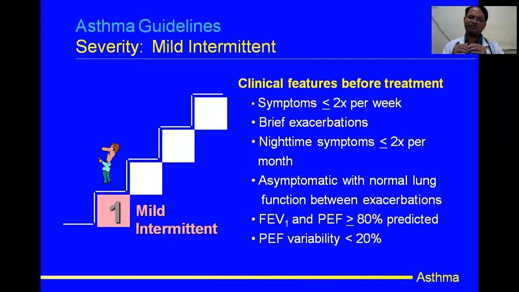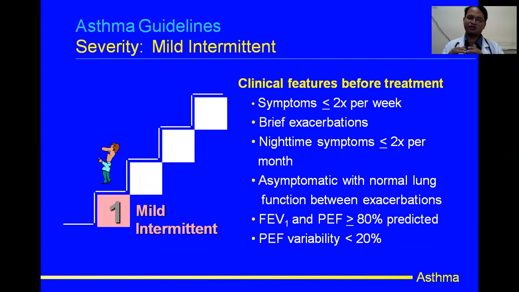Here, what are the clinical features that categorize the patient as having mild intermittent asthma? Here, the patients have asthmatic symptoms which should be less than or equal to 2 episodes per week. And if the patient is having nocturnal symptoms, they should be not more than 2 per month.